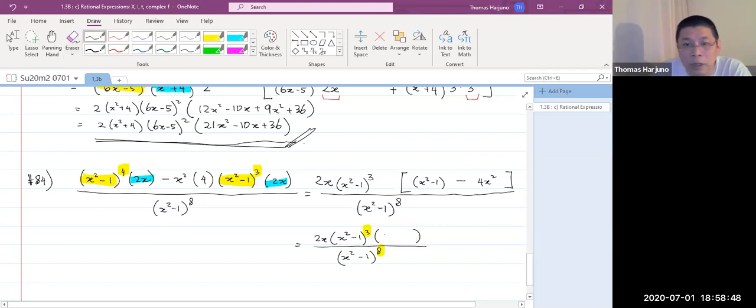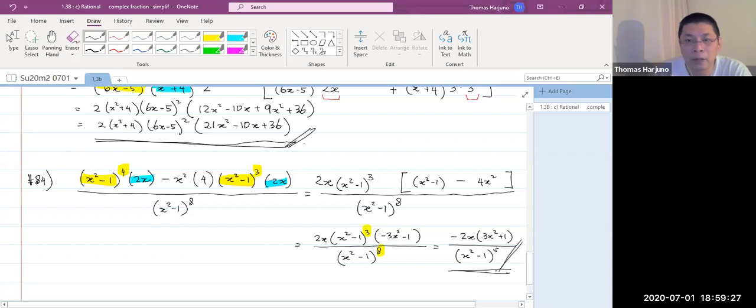It should be negative 3x squared plus 1. And then we cancel 3 of the x squared minus 1. And let me factor the negative out. So negative 2x times 3x squared plus 1 over x squared minus 1 to the power of 5. Right? Yeah, 3 of the base cancels. You have 5 left at the bottom.